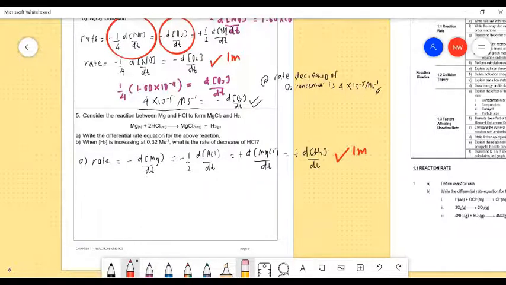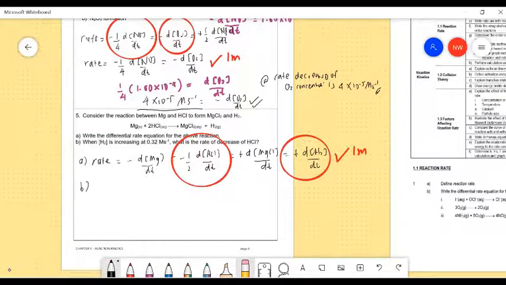So, next. Seterusnya, kita tengok when H2 is increasing at 0.32 ms negative 1, what is the rate decreasing of HCl? So, now kita tahulah kat sini, dia minta rate decreasing HCl, then information yang dia bagi di sini adalah untuk H2. So, kita comparekan both two.